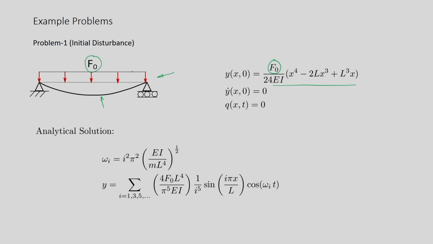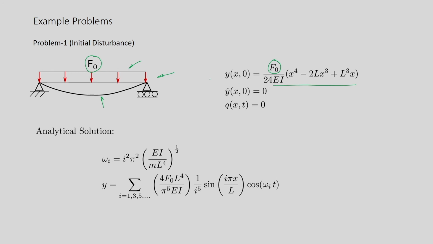Now we are interested in what the subsequent motion should be if this load is suddenly removed. So initially you have a load, now if you suddenly remove the load, obviously the system will start vibrating, and that response we want to simulate.